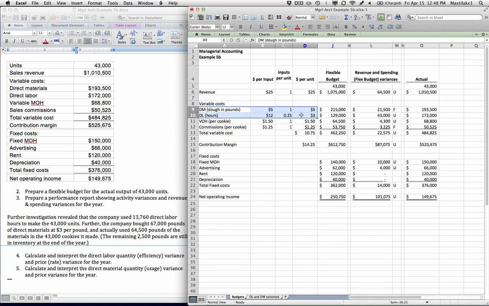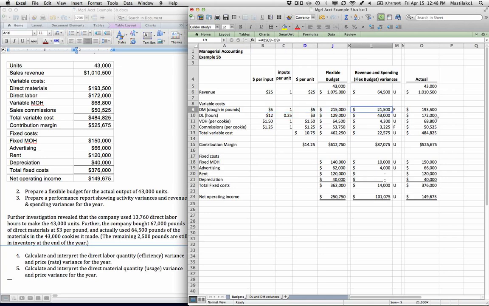To figure out the direct material cost per cookie, we had to figure out how many dollars per pound we're going to pay for our input and how many pounds we use. We also need to figure out how many dollars per direct labor hour we're going to pay and how many direct labor hours we use.